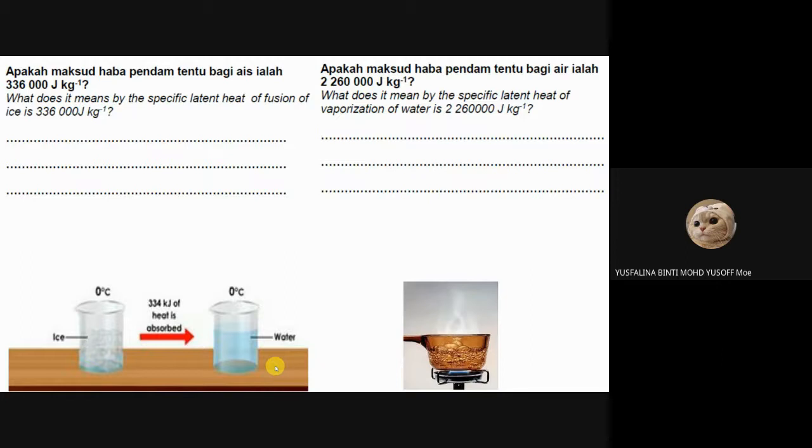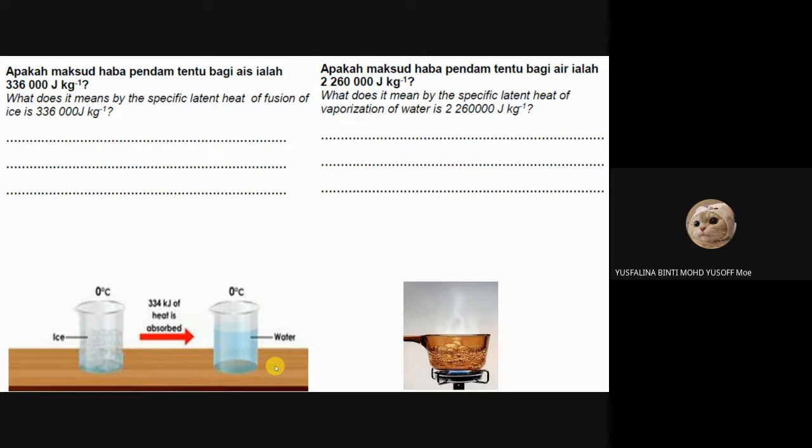Okay, I will check one by one first. We start from Shuangqi. You don't need to include the kg^-1, because you already mentioned 1 kg here. You only put 336,000 joule of heat energy, because amount of heat energy means what is the unit for heat energy.